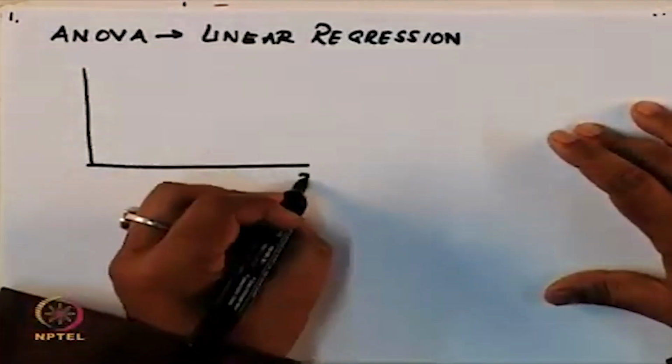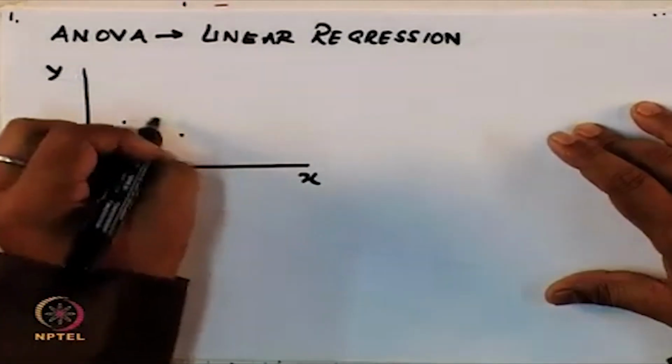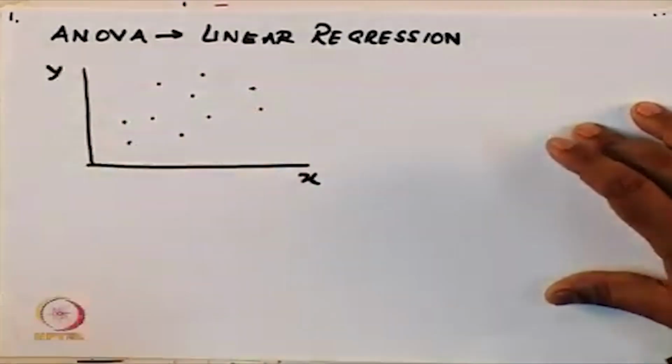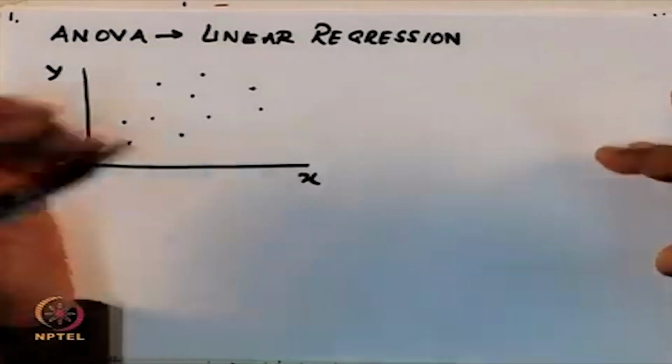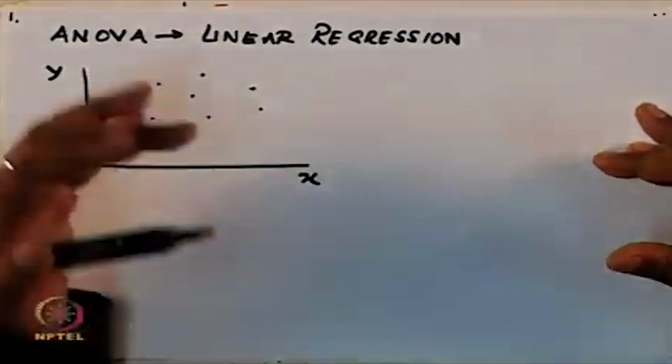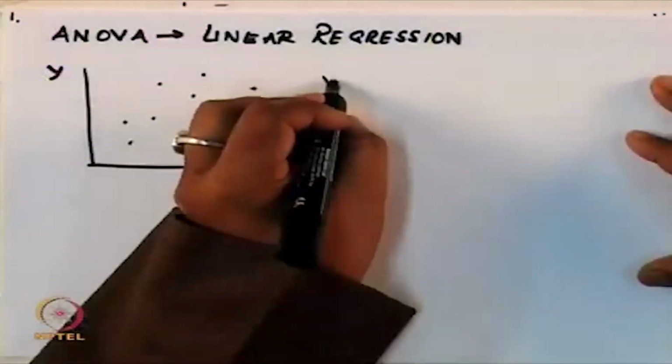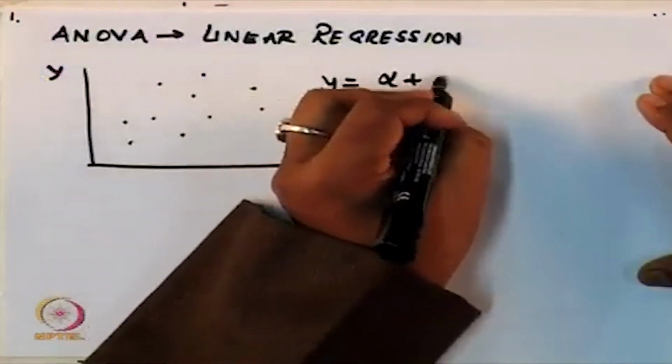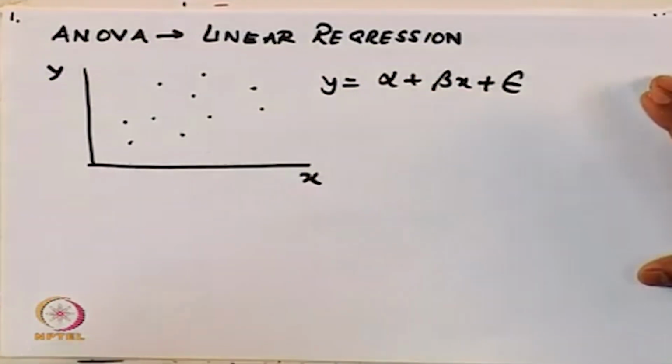You have data, right, and you wish to test whether there is a linear relationship between x and y, and you want to find out the expression of a line which best approximates that data. Okay. So, this data can be roughly written as alpha plus beta x plus some random error epsilon.